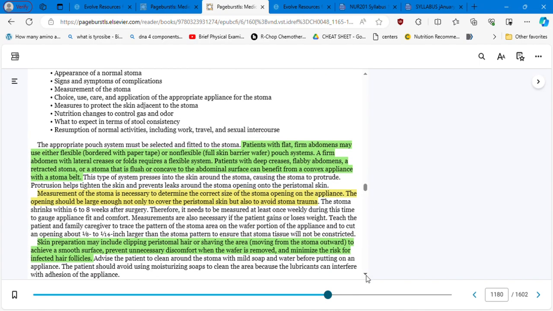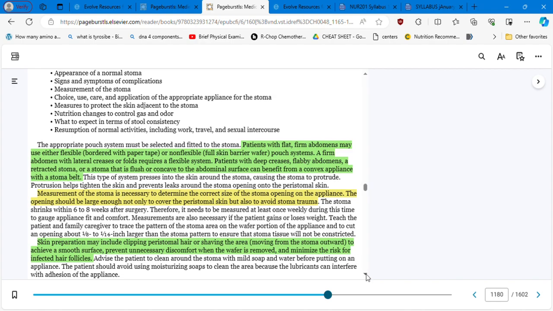A patient with a flat, firm abdomen may use either a flexible, bordered with paper tape, or a non-flexible full skin barrier wafer pouch system. A firm abdomen with lateral creases or folds requires a flexible system. Patients with deep creases, flabby abdomens, a retracted stoma, or a stoma that is flush or concave to the abdominal surface can benefit from a convex appliance with a stoma belt.